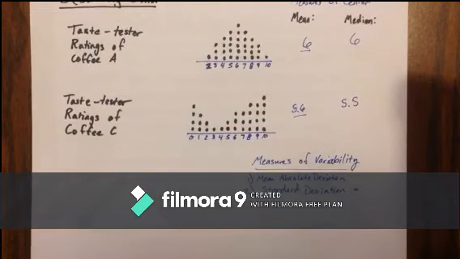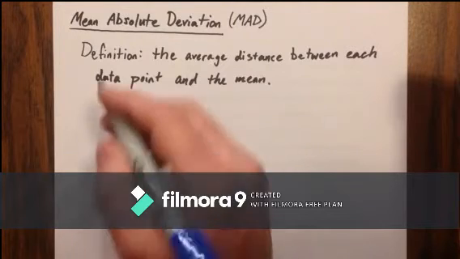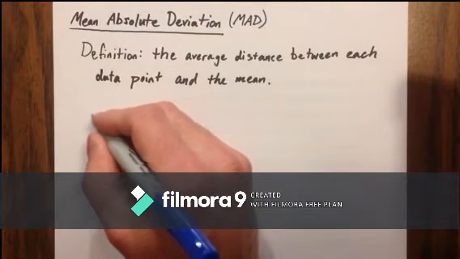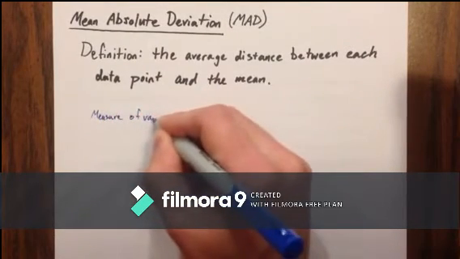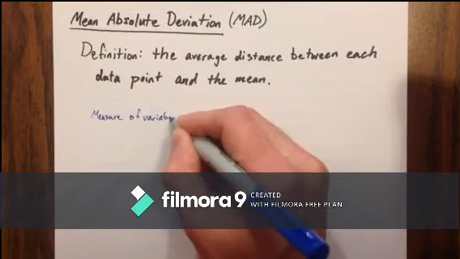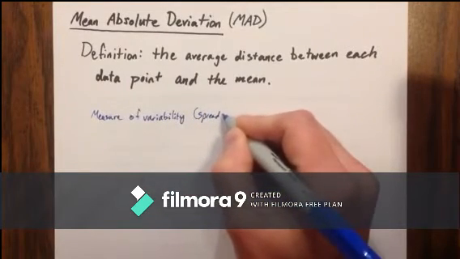And so this is going to increase the average distance between each data point and the mean. Again, in the end, this is going to tell us a measure of variability. Again, how variable is the data? How spread out is it?